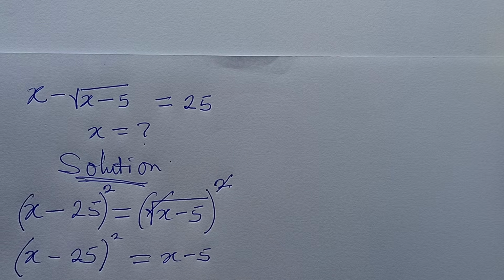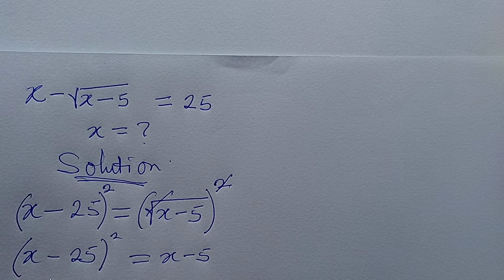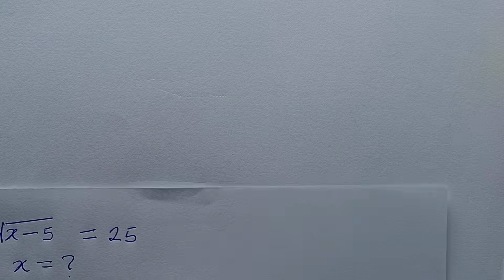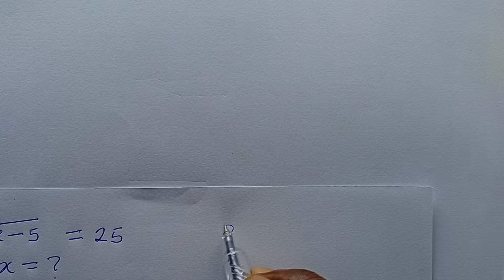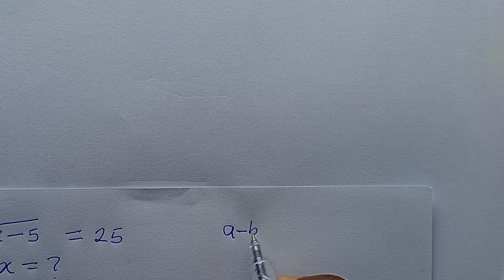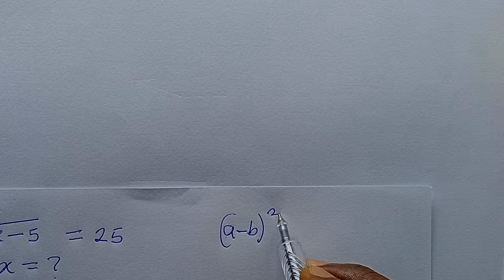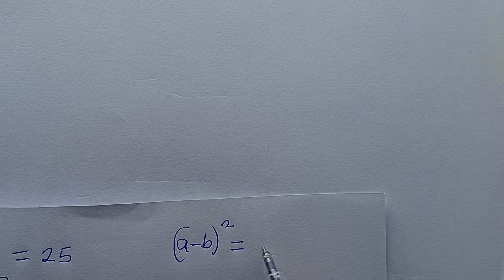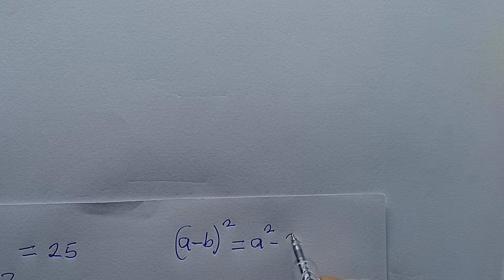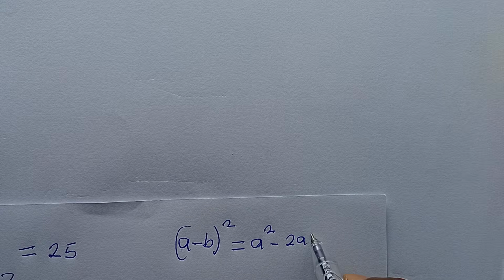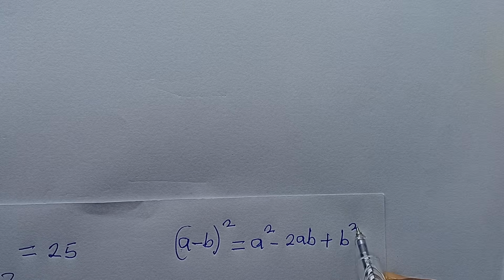Here we're going to apply a simple algebraic identity, which says that if you have a minus b all raised to the power of 2, this is equal to a to the power of 2, minus 2ab, plus b to the power of 2.